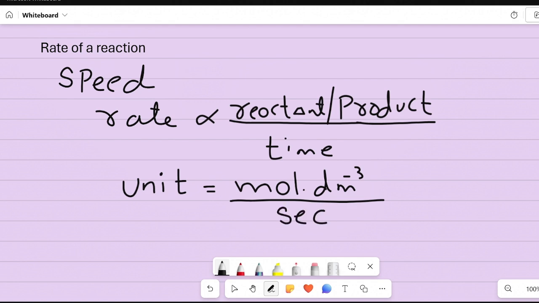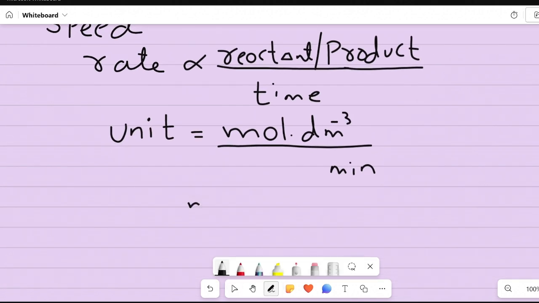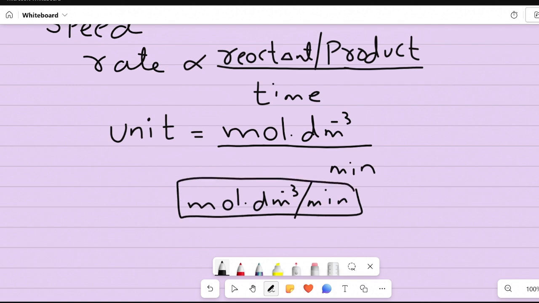You can use either seconds or minutes, depending on the equation. Most of the time we use minutes. So what will be the appropriate unit for the rate? It's going to be mole per dm cube per minute. That's the unit for the rate of the reaction.